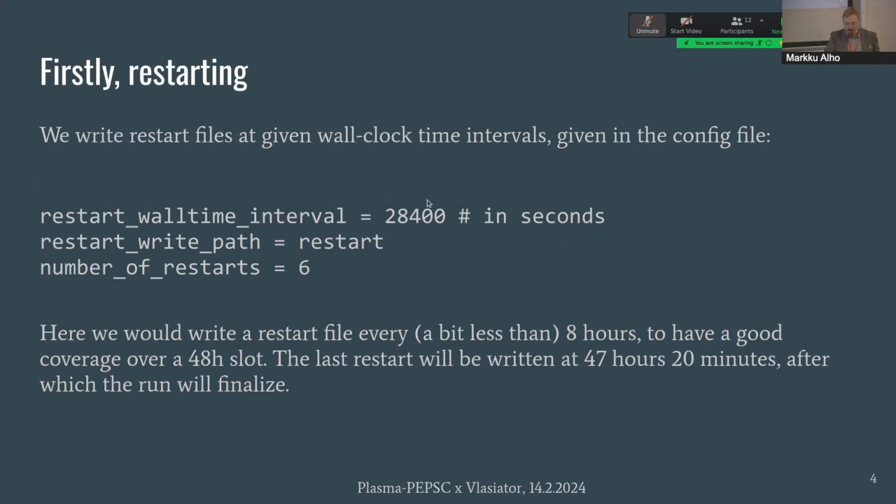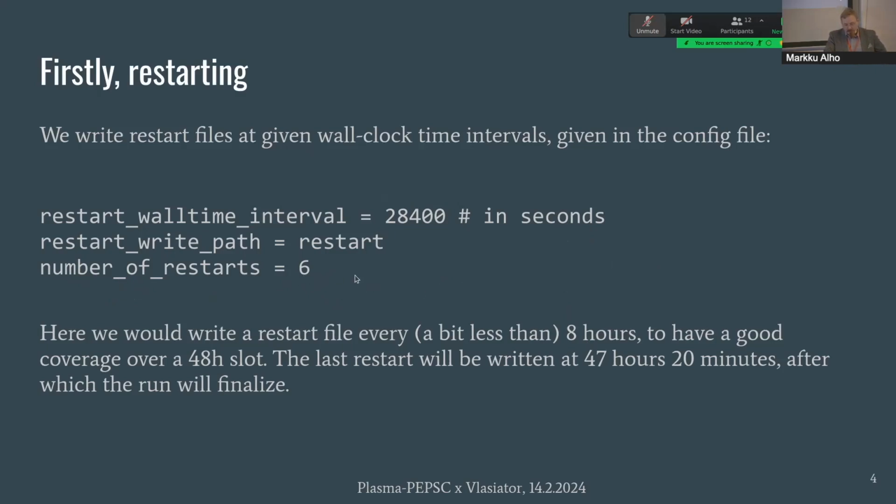So this one is now a bit less than 8 hours, so that after 6 restarts, we will stop the run. This also will tell the simulation to print out 6 restarts worth of data, and then it will just quietly close itself.